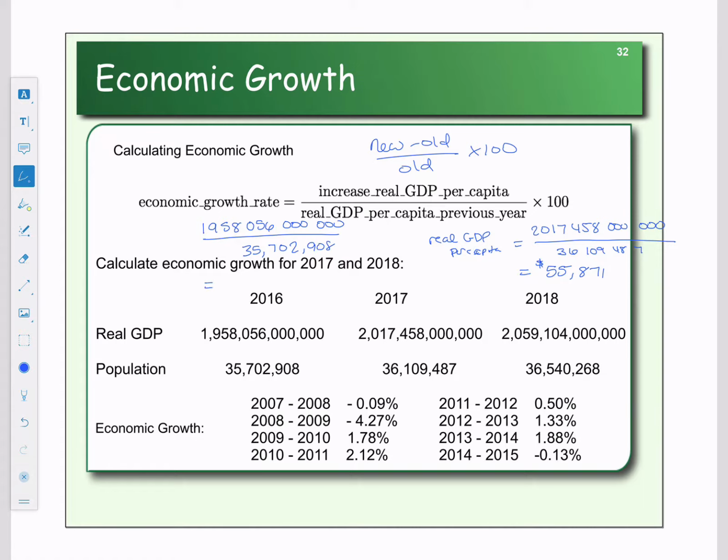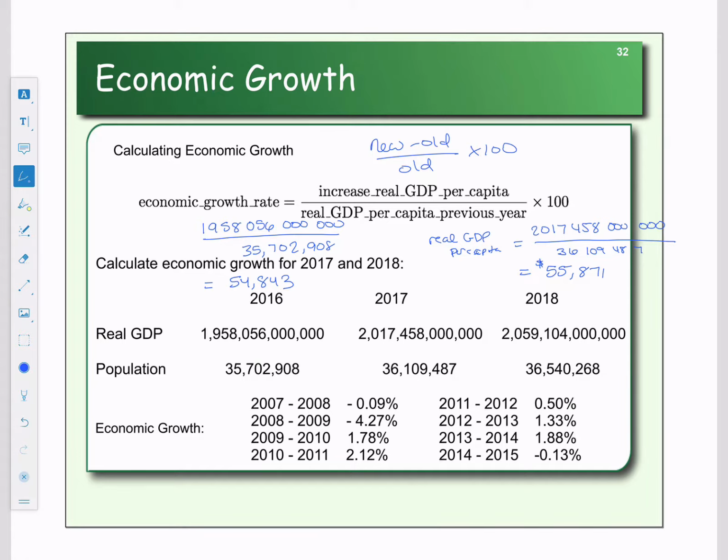If we throw all that into a calculator, we get $54,843. You've got to put the right numbers into your calculator, or else you've got problems. Assuming I typed that in correctly, you're going to have to double check me.